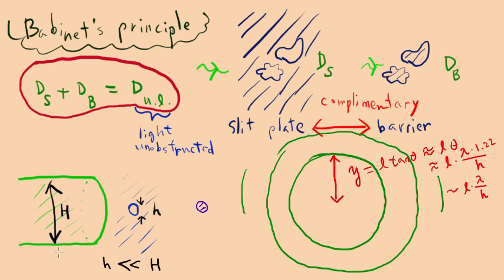Here, we assume that the laser has a cylindrical beam shape, and if that's the case, it should diffract too, right? And so we will assume that the distance from the slit plate or the barrier in the form of a circular disc to the screen is so far away so that the same diffraction formula applies to the laser beam as well as to the slit plate and circular disc.